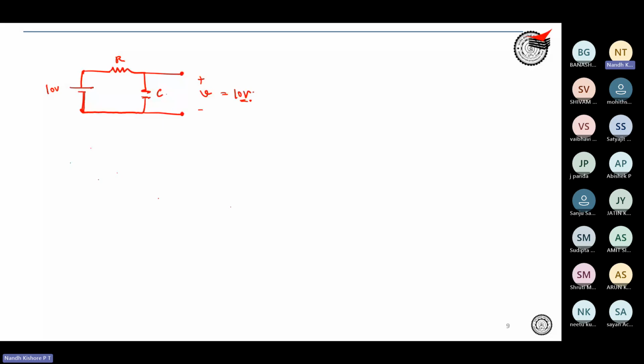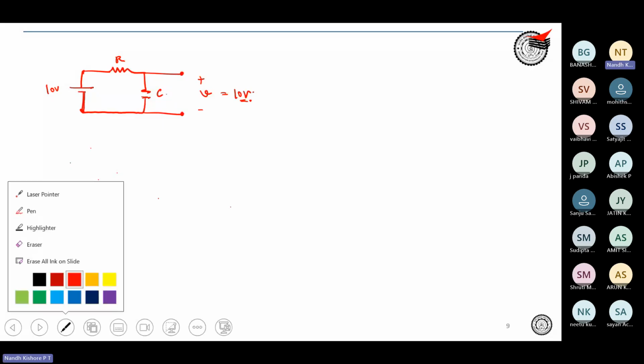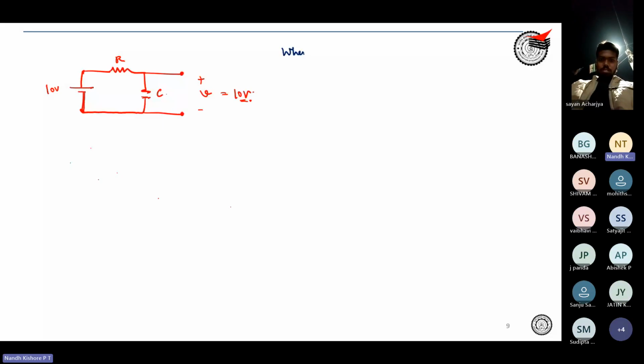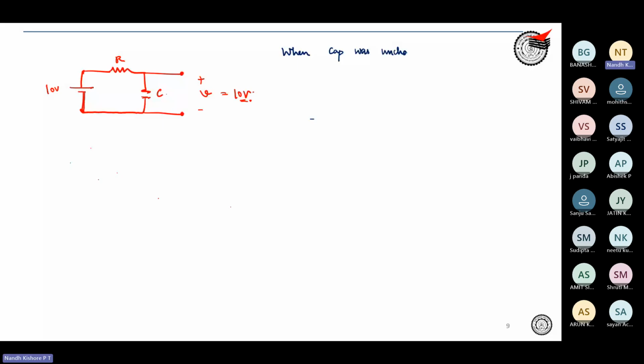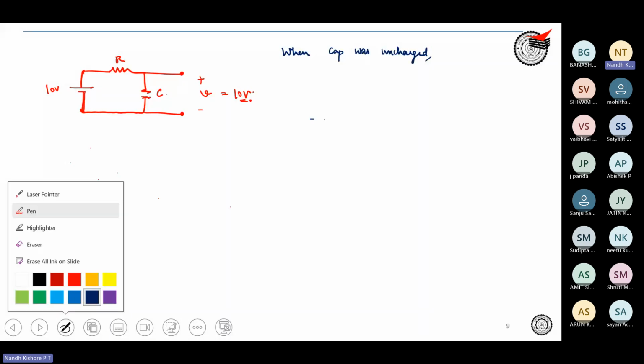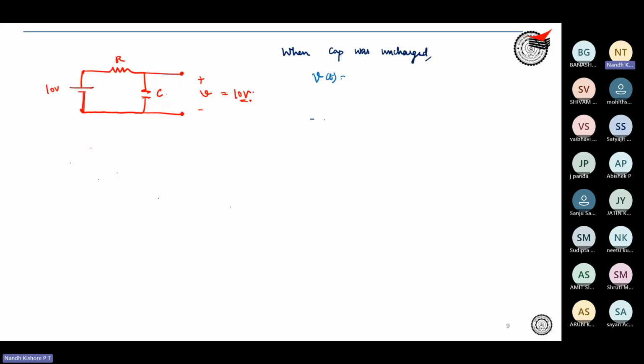When the capacitor was uncharged, the capacitor voltage would have started to increase, that is V of t would have increased as given by 10 times (1 minus e to the power minus t by tau), where tau is equal to RC.